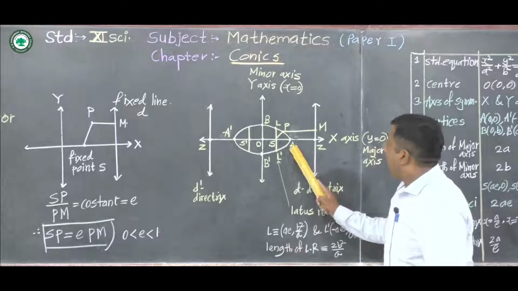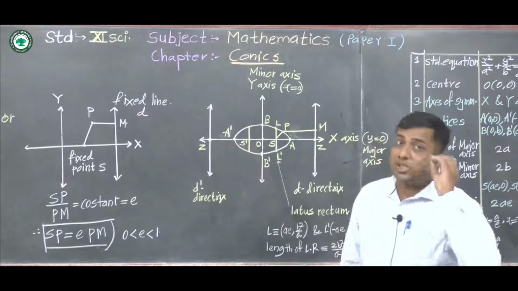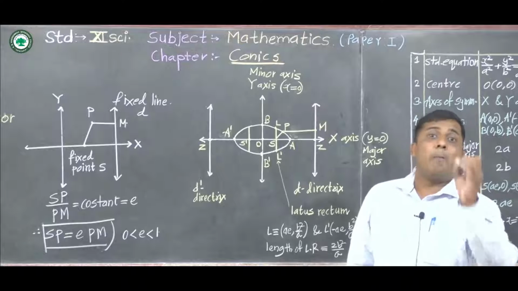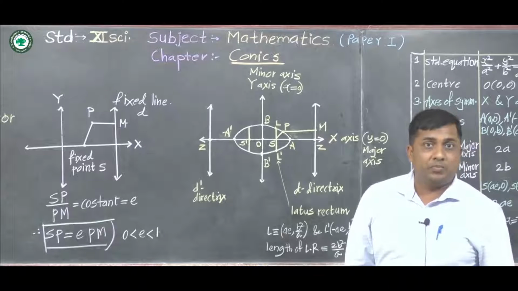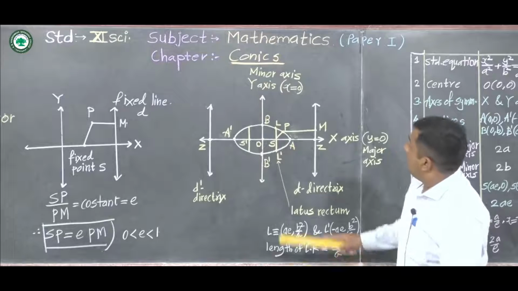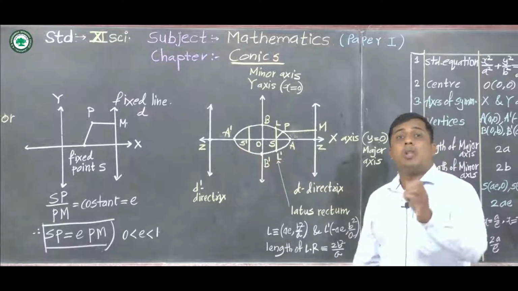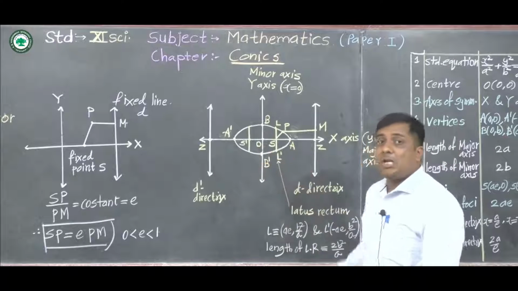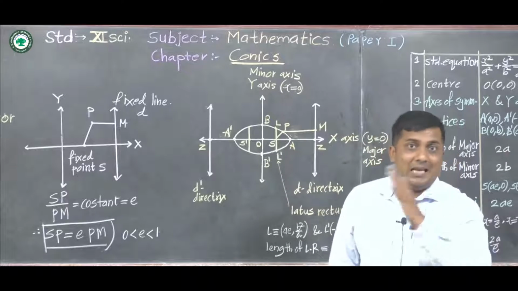That is, A and A dash are on the major axis, and B and B dash are on the minor axis. These are the points on the ellipse.